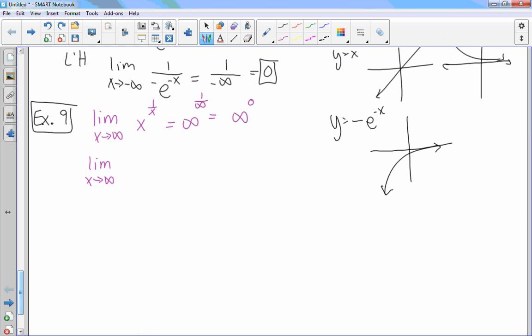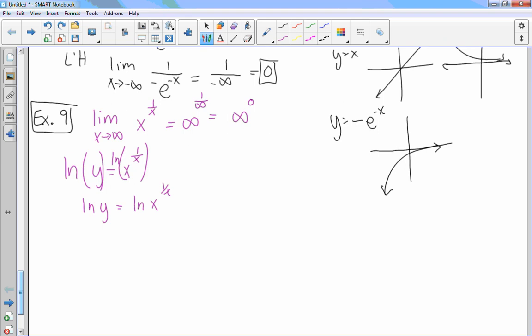So our function, let's start back here, is y equals x to the 1 over x, yes? Exactly. You can natural log both sides. So natural log y equals natural log x to the 1 over x. Okay. We have a power rule.